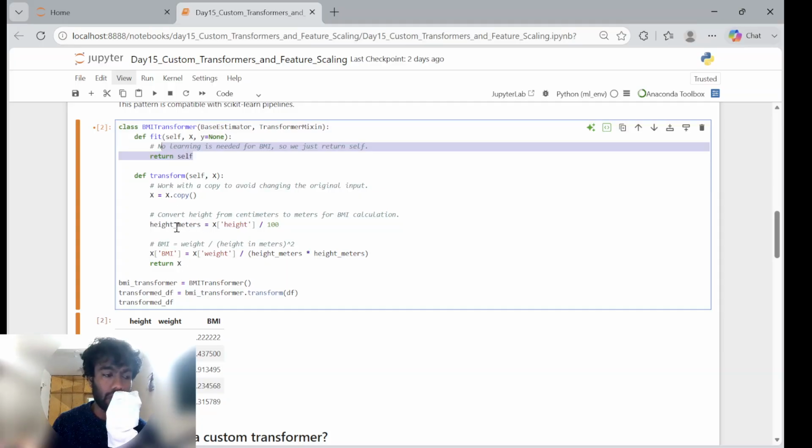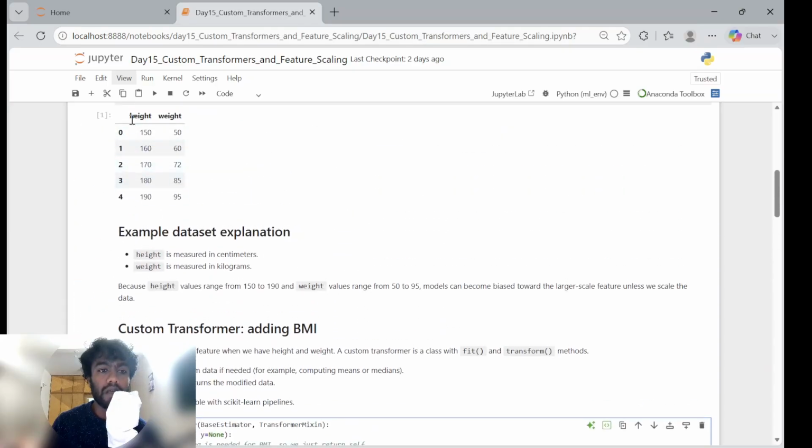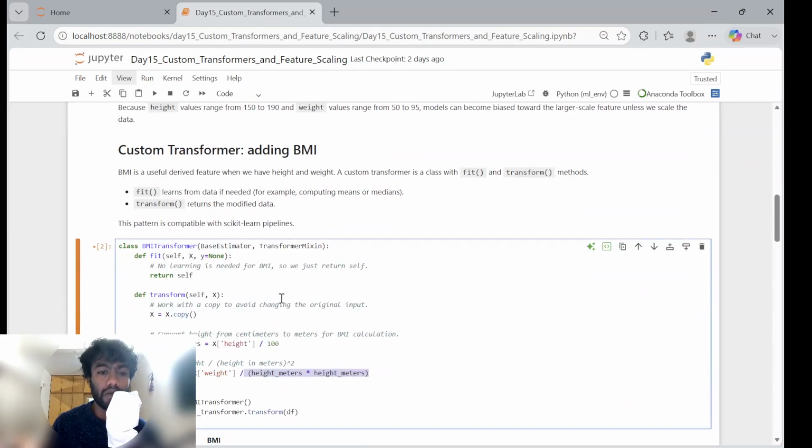In this case it is the calculation of BMI. BMI is calculated with weight divided by meter square. In this specific data set, height is in centimeters, so we convert it to meters and then we calculate BMI with the square of height in meters.